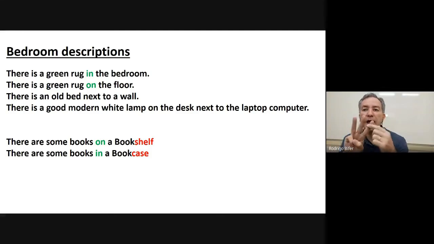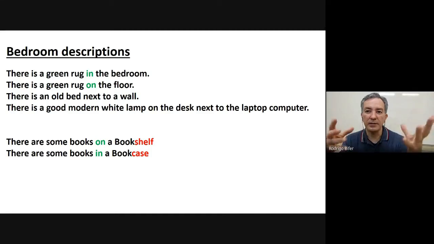So I have 3 adjectives to describe the lamp. Good, modern, and white. The color, the fact that it's new, it's not old, okay? It's the opposite of old. And the fact that it's white, the color, okay? So there's a good, modern, white lamp on the desk next to the laptop computer, okay?